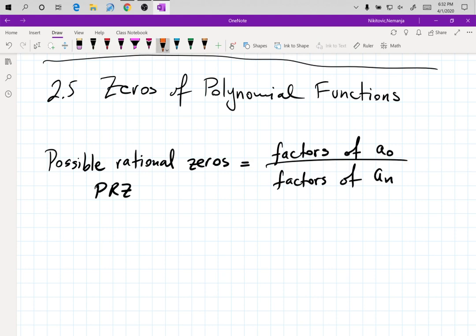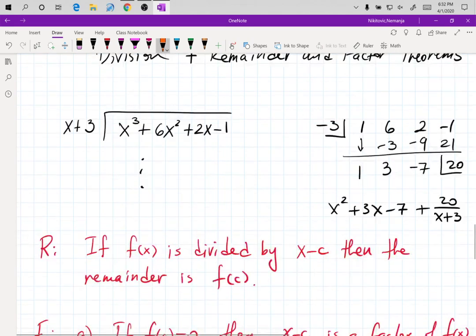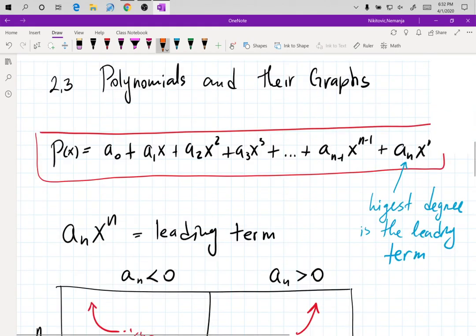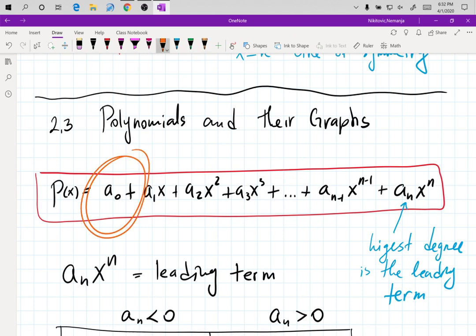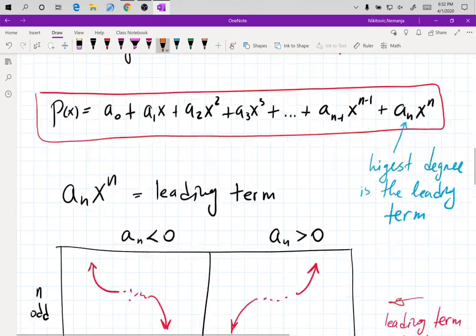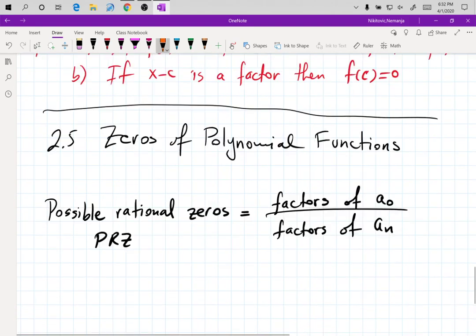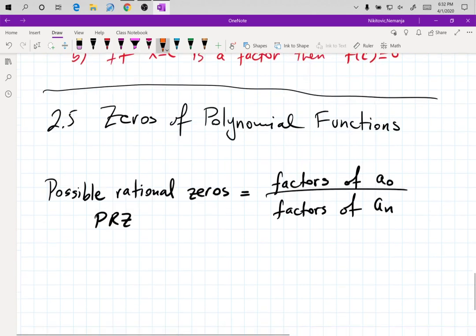Now, if you still haven't learned a formula, which you were supposed to, you see that a0 is the constant term, and an is the leading term. Now remember, an can never be 0, right? Because if an is 0, that kills the leading term, and then you don't have the polynomial of that order anymore. So an can never be 0, and that's why an is always in the denominator.